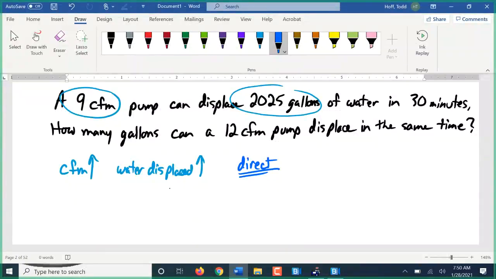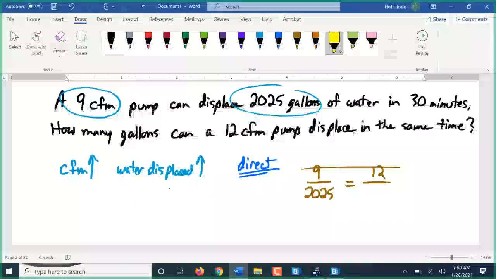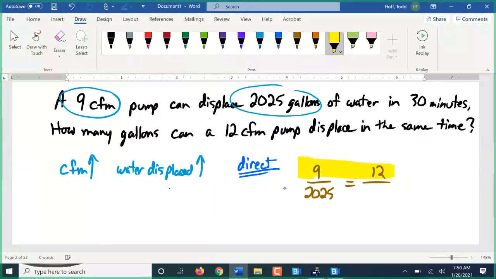We can set up a proportion. We have the first pump, 9 CFM, gives us 2,025 gallons. The second pump is 12 CFM. Notice the CFM goes on top with the other CFM. And on bottom is going to be the amount of water displaced for both. So we'll let this be X.